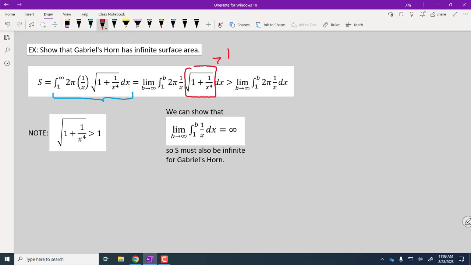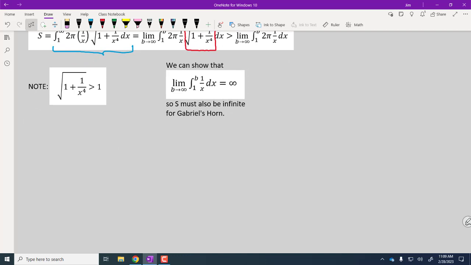So let's focus down here. The 2 pi is obviously constant. So let's just focus on the integral of 1 over x from 1 to infinity. So this limit is going to be the limit as b goes to infinity. What's the integral of 1 over x?